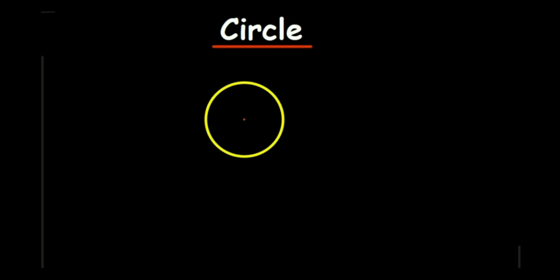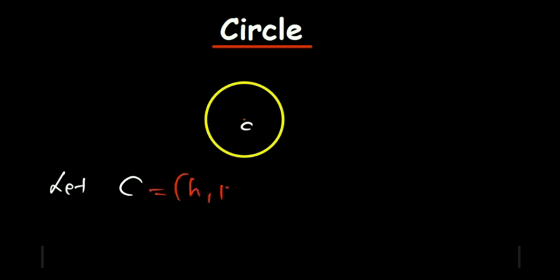Let's call that point center C. Given that our center is C with the coordinates h comma k, one thing that we can observe is that all the points on the circumference, of course the arc of the entire circle, are of equal distance to the center, and that equal distance is what we call the radius, right?